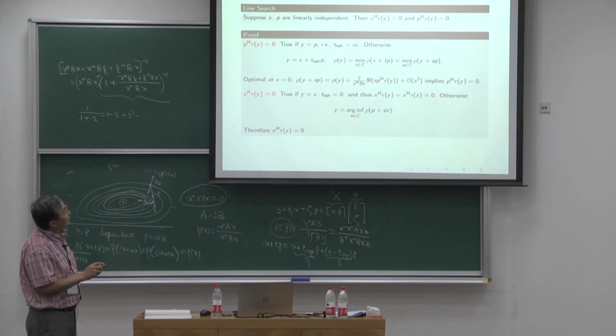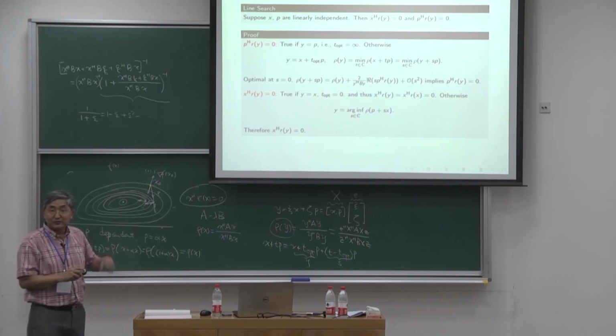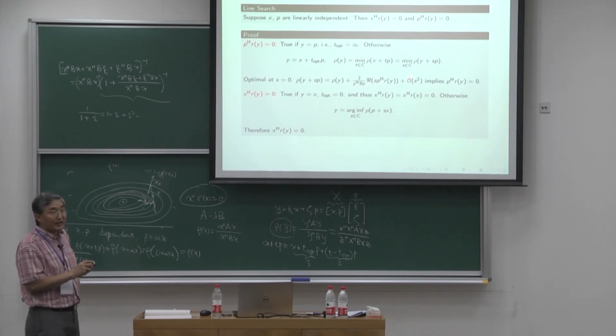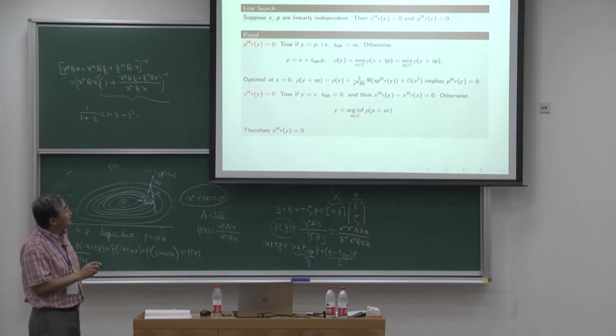Now s is any possible real number, small, around 0. For this to be minimized, the linear term has to go to 0 for every possible real s. That means it has to be equal to 0. So you get that point.